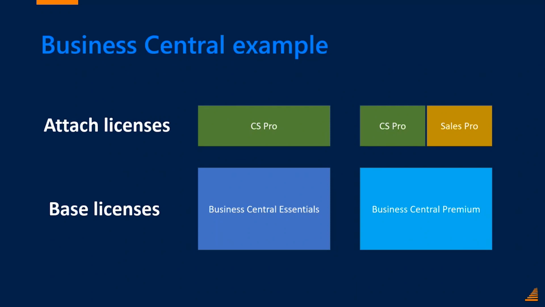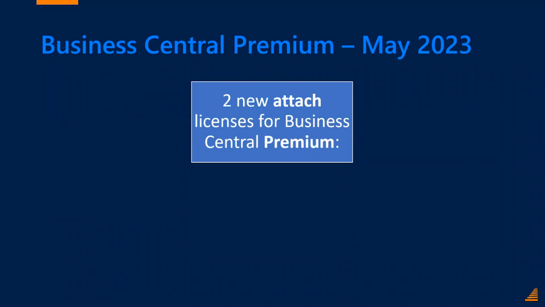But this being Microsoft licensing, things are always changing. So I wanted to highlight a couple of changes, one that's been around for a little while and another one that's quite recent. So in May, Microsoft added 2 new attached licenses for Business Central Premium.